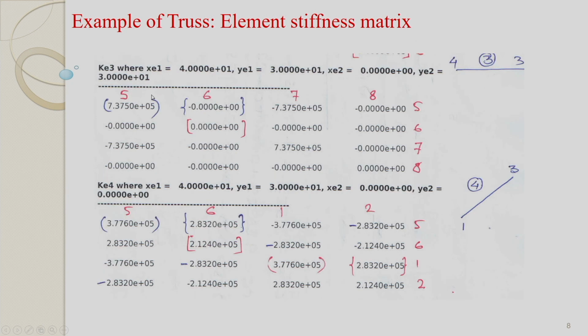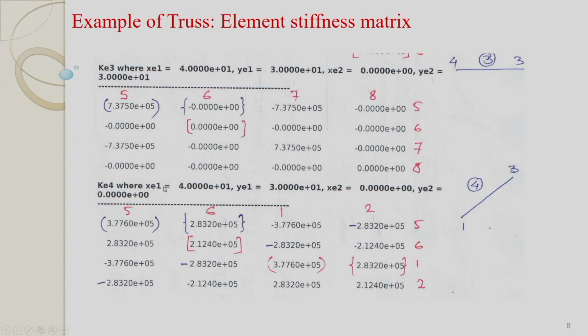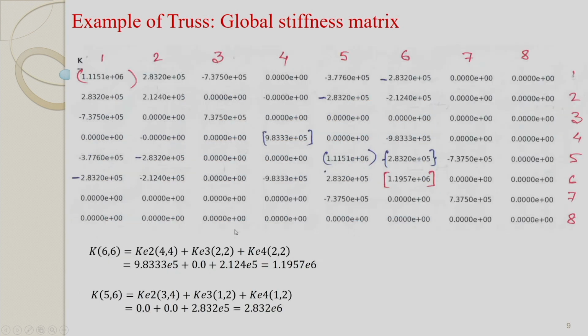In Ke3 it is 1st row 2nd column. For Ke4, that global 5th row and 6th column is coming from 1st row 2nd column. So, all 3 will be added and these are marked with this curly bracket.